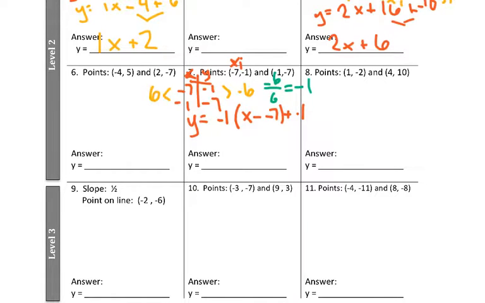I'm going to go ahead and fix the confusing signs to say plus a positive 7, and now I'm going to distribute. So y equals negative 1x plus negative 7 plus negative 1. Combine like terms, and my answer is y equals negative 1x plus negative 8.